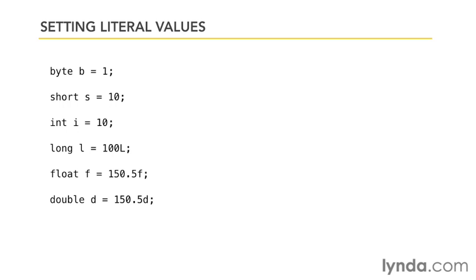For long values, a literal numeric should be followed with the letter L for long. You can use either an upper or lowercase l, but because the lowercase usually looks a lot like a 1, typically developers will use the uppercase L. The float value takes a lowercase f, and the double value a lowercase d. Again, you could use uppercase, but most developers use lowercase for these.